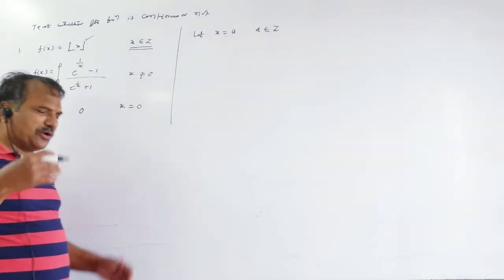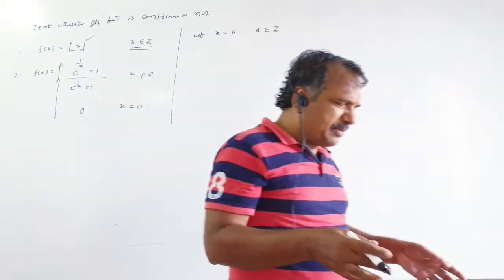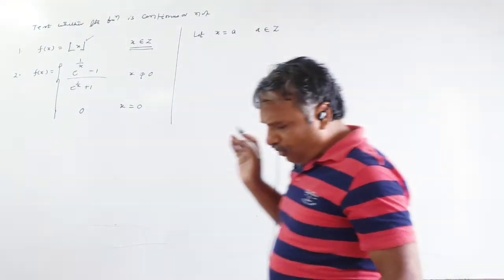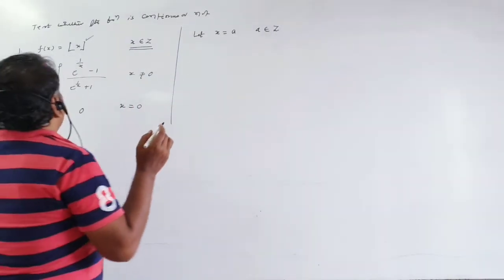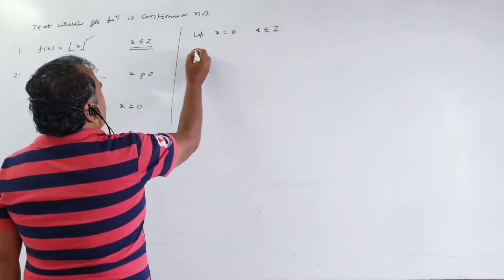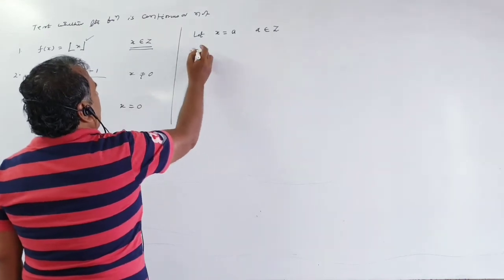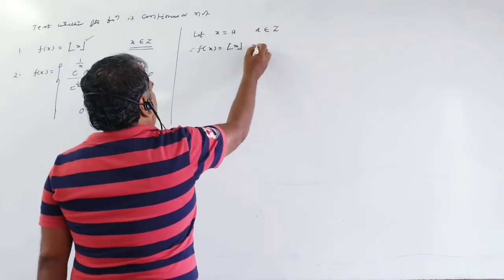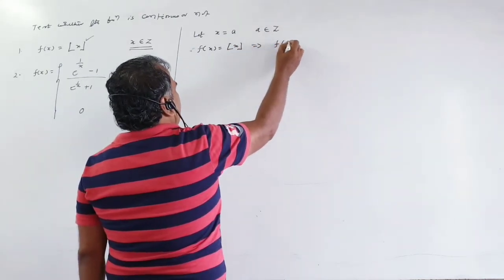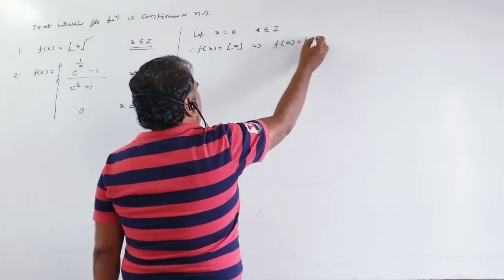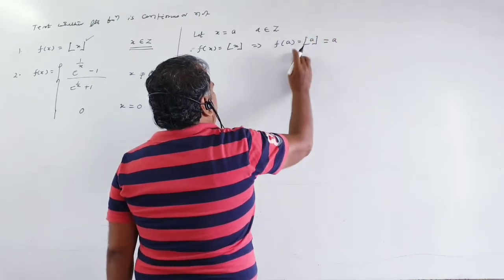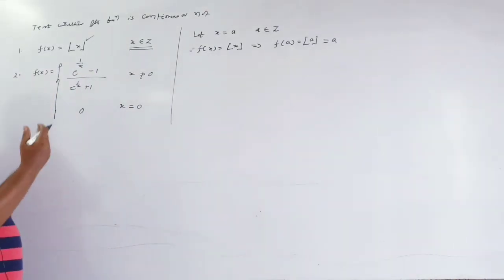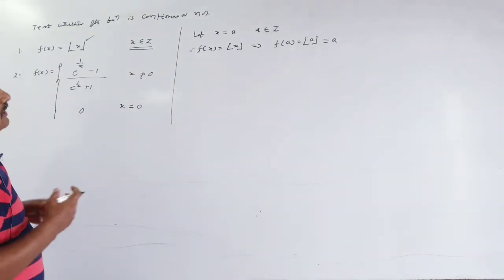Okay, a means either take 2 or 3 or 4 or 5 or minus 2, minus 3, minus 4, whatever value you take. So at x equal to a, what is f of x? Now f of a equals the greatest integer of a, equal to a. Already discussed what the greatest integer function is and its properties.